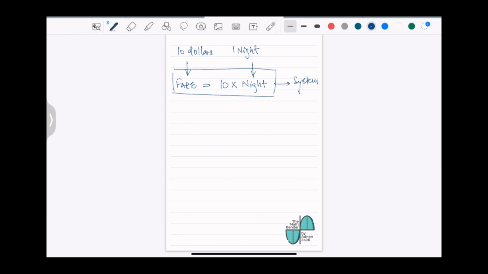Let's say you take a cab which has an initial rate of $10 before starting off and it charges $2 per mile. So what is going to be your total cost if you have traveled 12 miles?